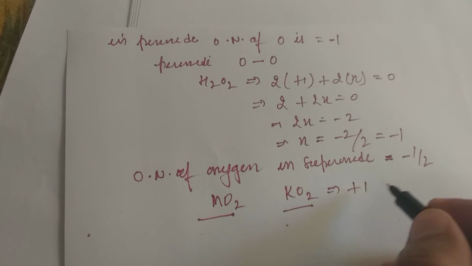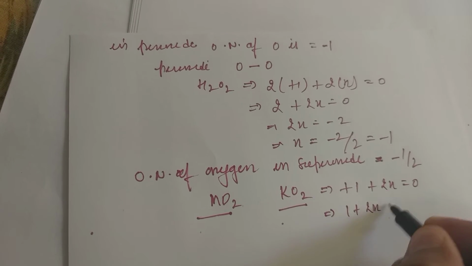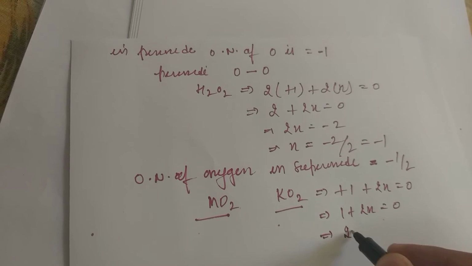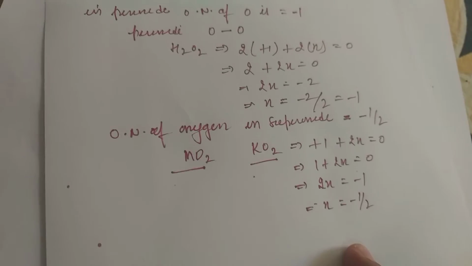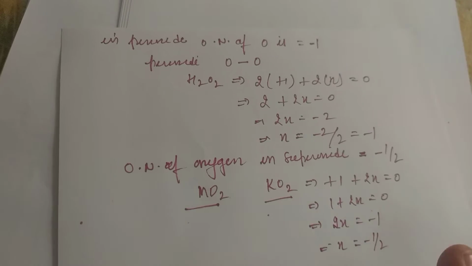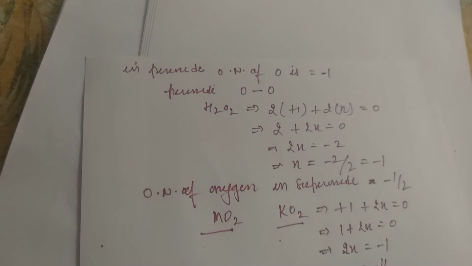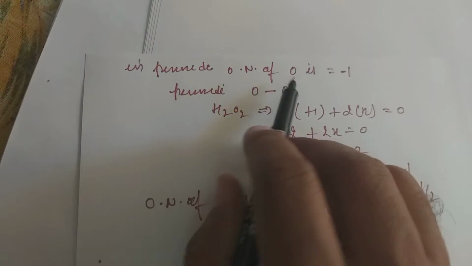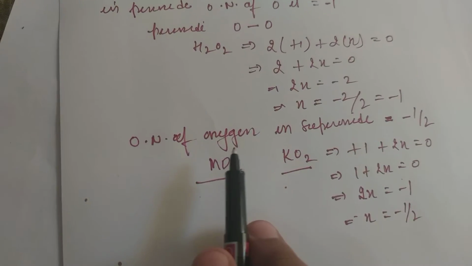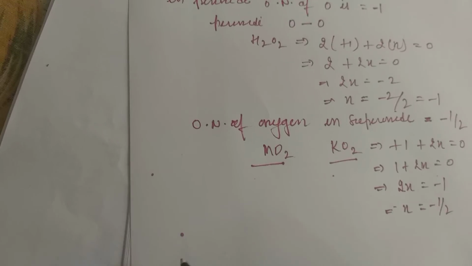Oxidation state of potassium is +1, plus 2X is equal to 0. So 1 plus 2X is equal to 0. So 2X is equal to -1. So X is equal to -1 by 2. So these are some exceptional cases regarding the oxidation number of oxygen. In normal oxides, -2; peroxide, -1; superoxide, -half.